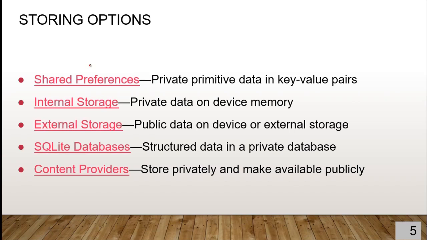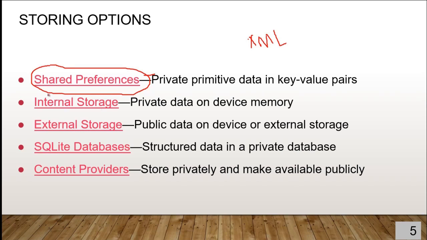Shared preference is really good if you want to store small data, with light reads and light writes. Again, shared preference stores its data in an XML file in your Android.